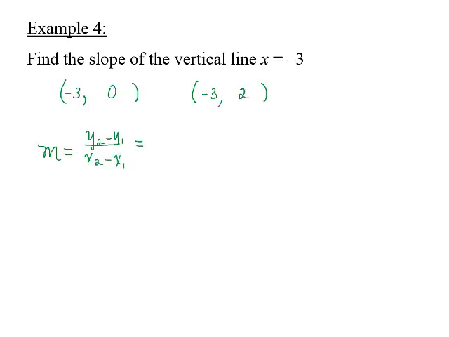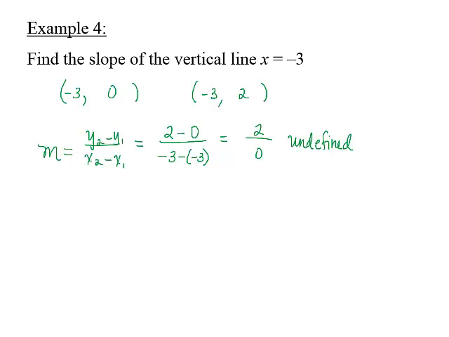This will give us 2 minus 0 divided by negative 3 minus negative 3. This simplifies to be 2 divided by negative 3 plus 3, which is 0. Recall that division by 0 is undefined. The slope of a vertical line is always undefined.